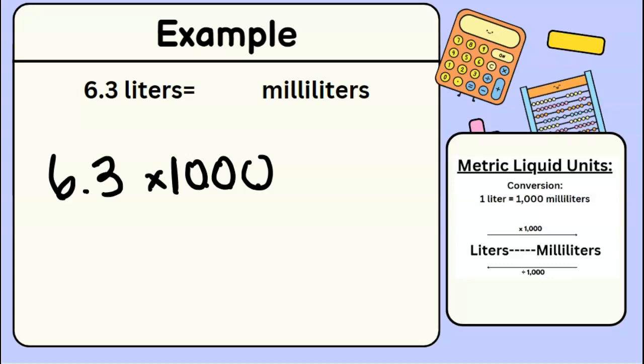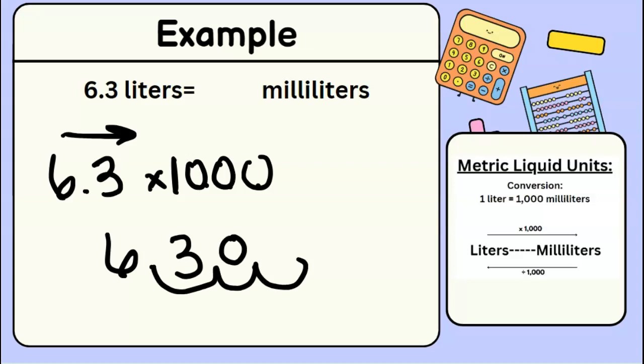Since I'm multiplying, my decimal point is going to move to the right. So if I rewrite this, 6.3, 1, 2, 3, I know that 6.3 liters is equal to 6,300 milliliters.